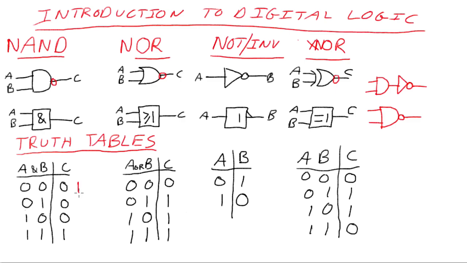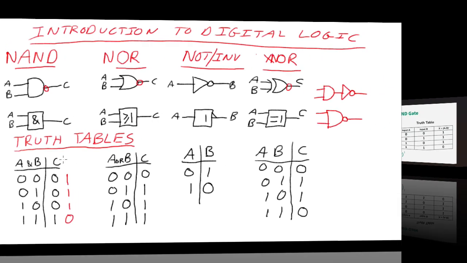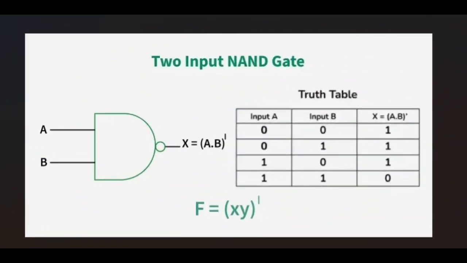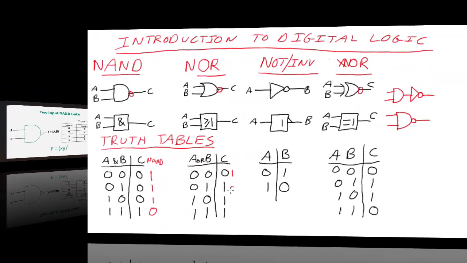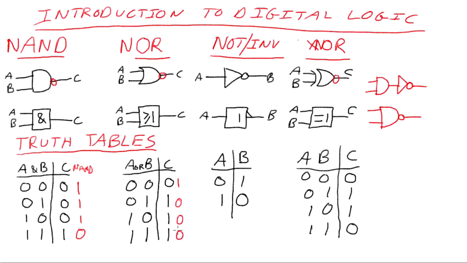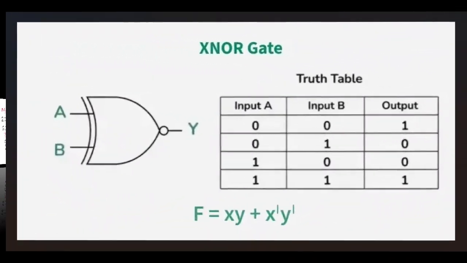But in this case, we'd have a 1, 1, 1, and a 0. So that is for our NAND function. That's all you have to do. Likewise here, 1, 0, 0, 0, and 1, 0, 0, 1 for the NOR and the XNOR gate. Simple. You just invert the output.